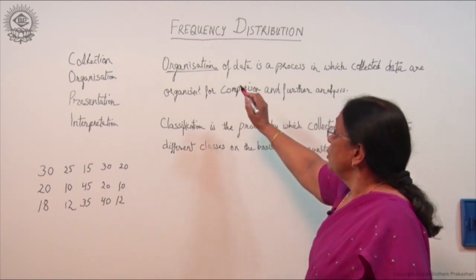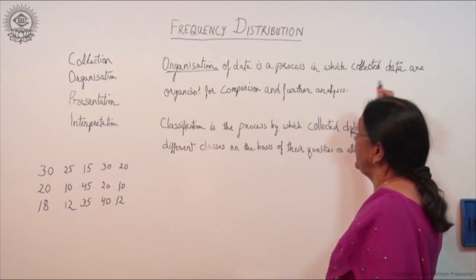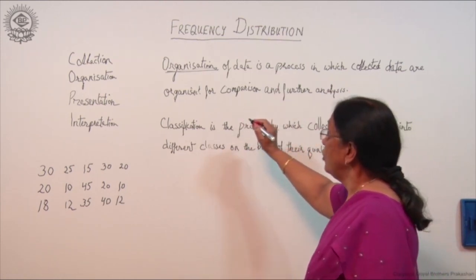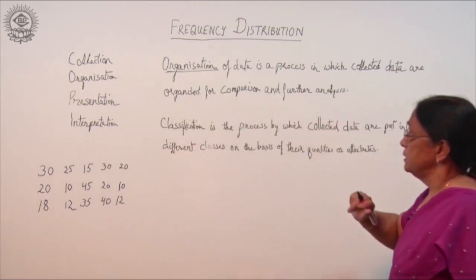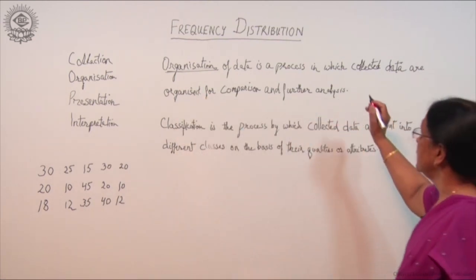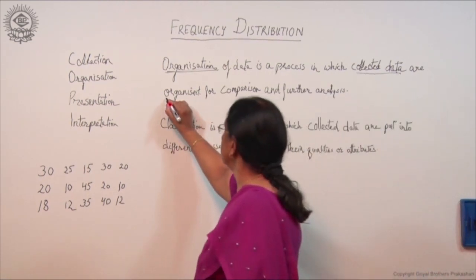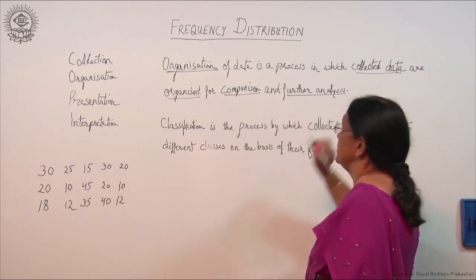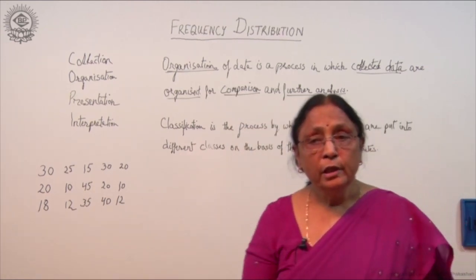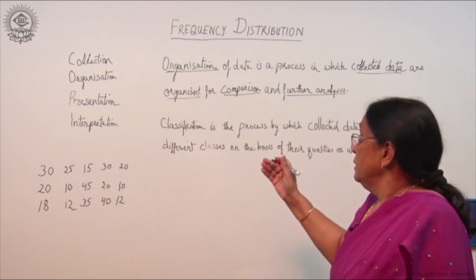As it says, organization of data is a process in which collected data are organized for comparison and further analysis. So the data is organized in a proper systematic manner.